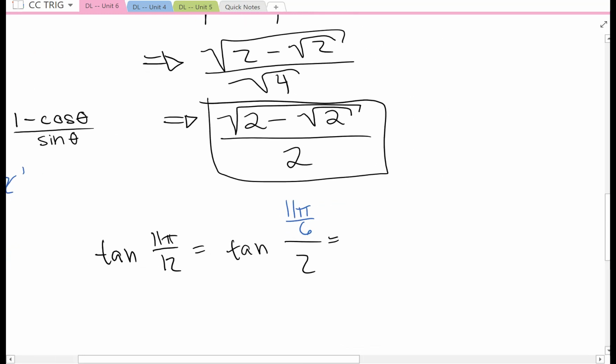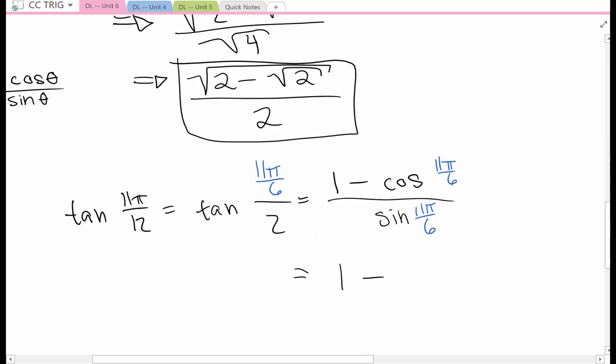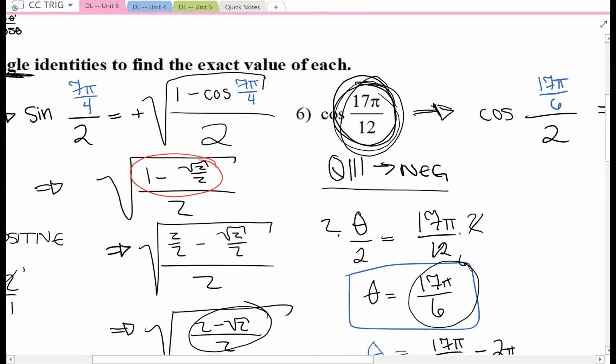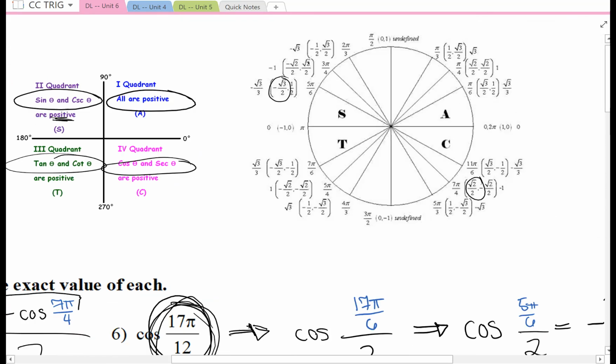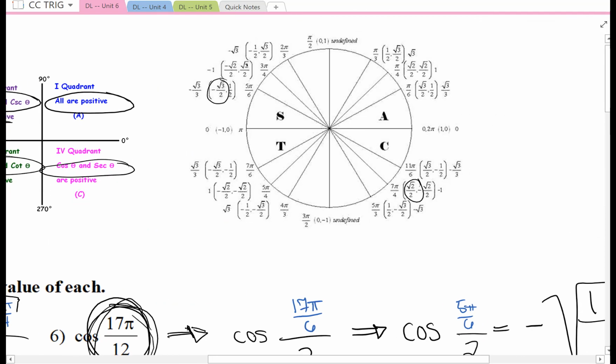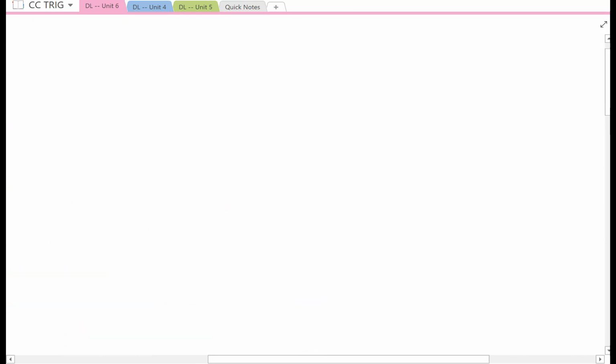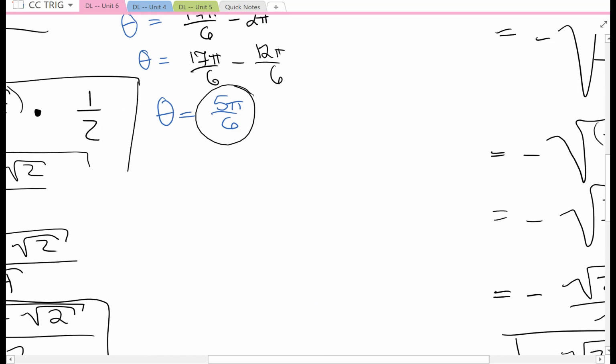Let's plug that in. 1 minus cosine theta over sine theta. 1 minus, what is cosine of 11 pi over 6? Cosine is the x value at 11 pi over 6, so positive root 3 over 2.